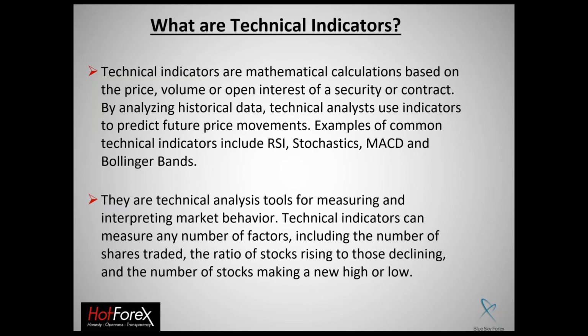Now, by analyzing the historical data, the technical traders and analysts use these indicators to help them predict the future price movements. A few of the very commonly used technical indicators include the RSI, the Relative Strength Index, the Stochastics, MACD, and Bollinger Bands.